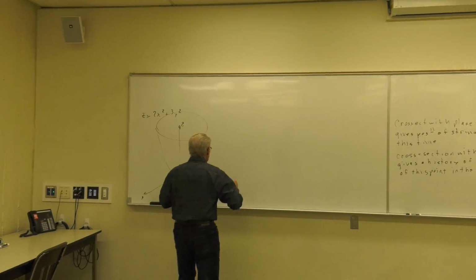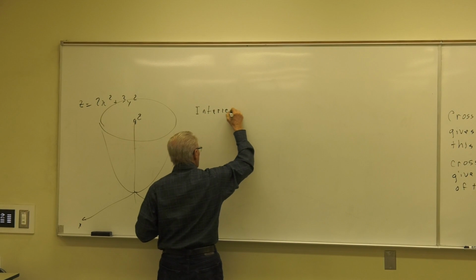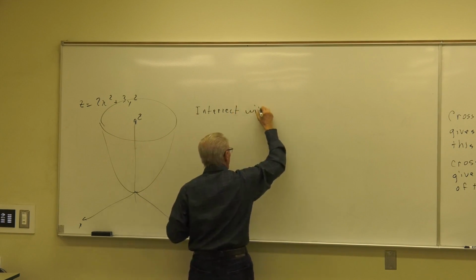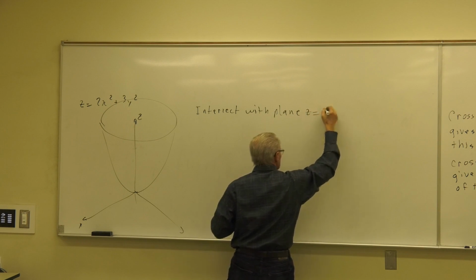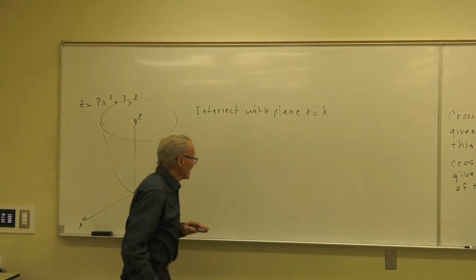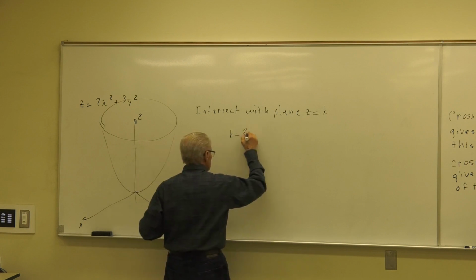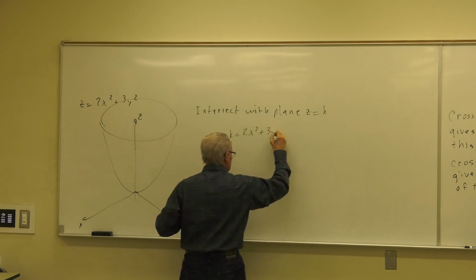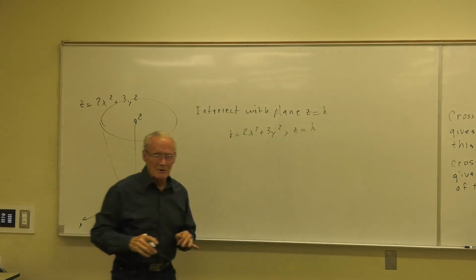Suppose I take a cross section with the plane z equal to k. If I do that, then I get k equals 2x squared plus 3y squared, along with z equal to k, as the equation of that cross section.